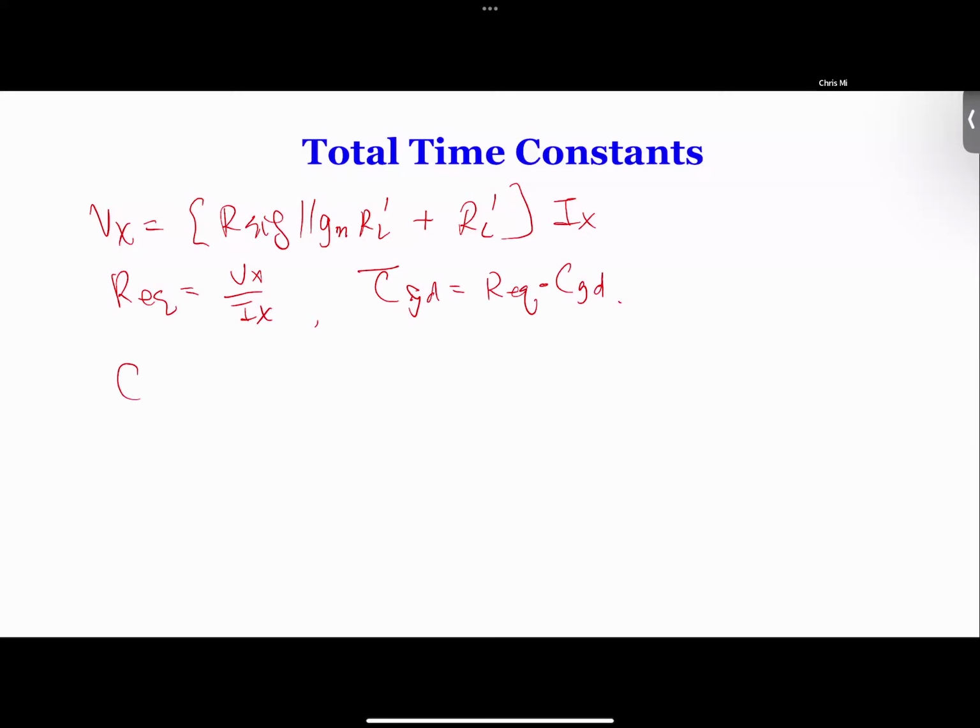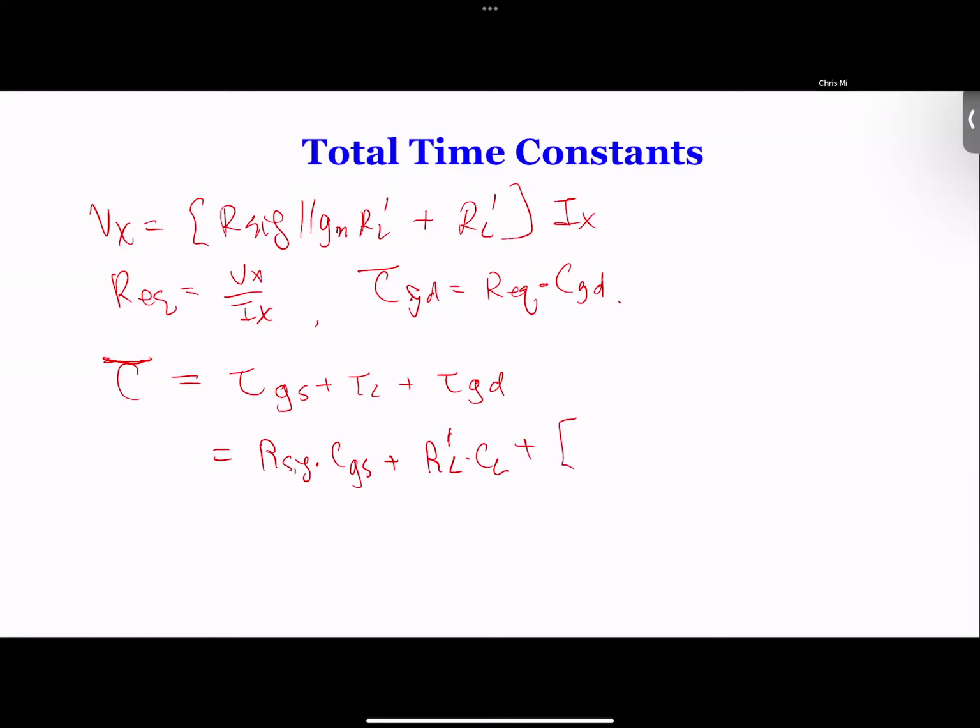So now we can have the total tau equal to tau GS plus tau L plus tau GD. And finally, we get this large equation. Well, we already have tau GS: we know it's RSIG times CGS, plus tau L, which is RL prime times CL, and then plus this final term.